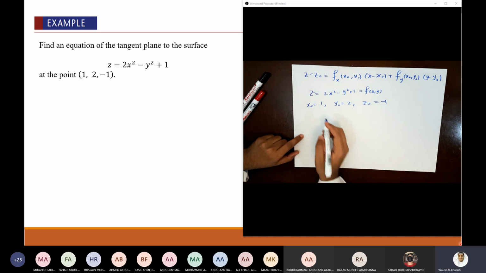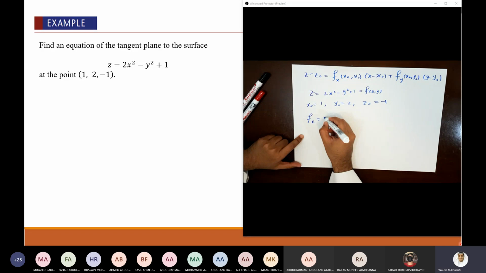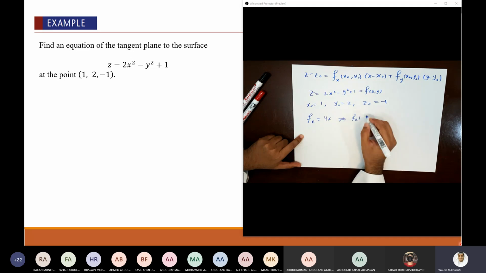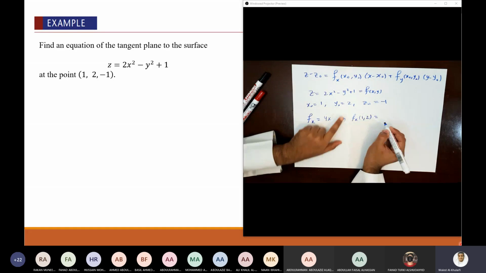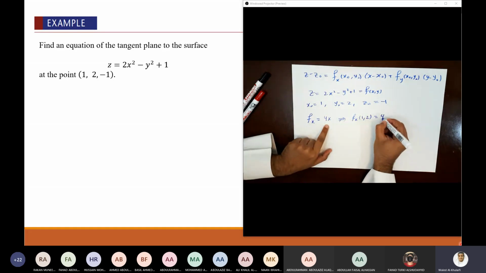Okay, let's remind ourselves the derivative with respect to x. What is the derivative with respect to x, guys? Anyone? 4x. Excellent. 4x. So this implies that the derivative with respect to x evaluated at 1 and 2 is equal to 4.